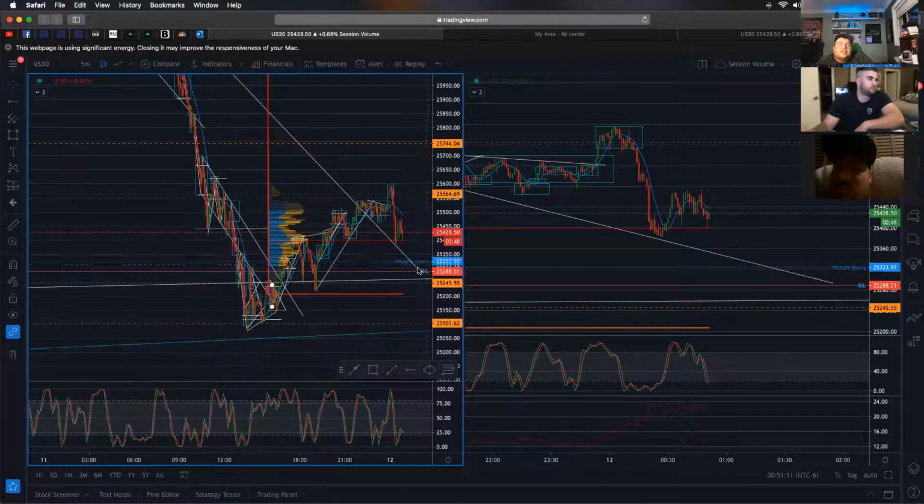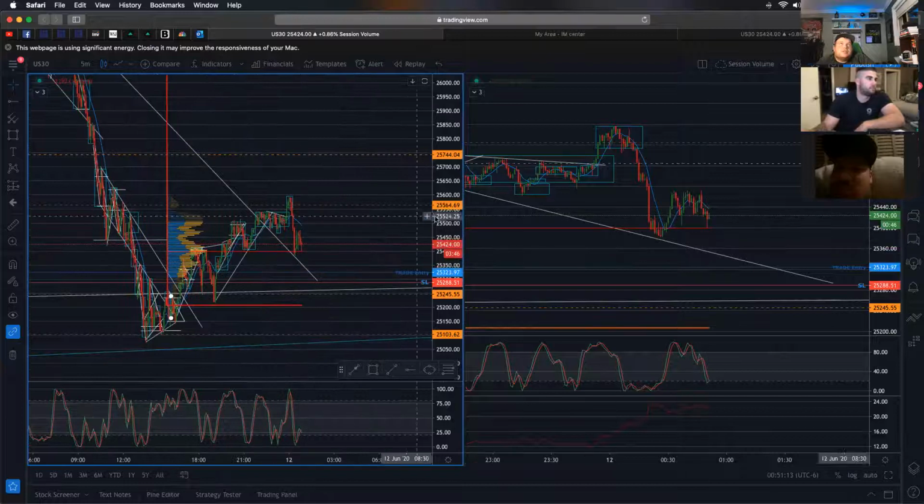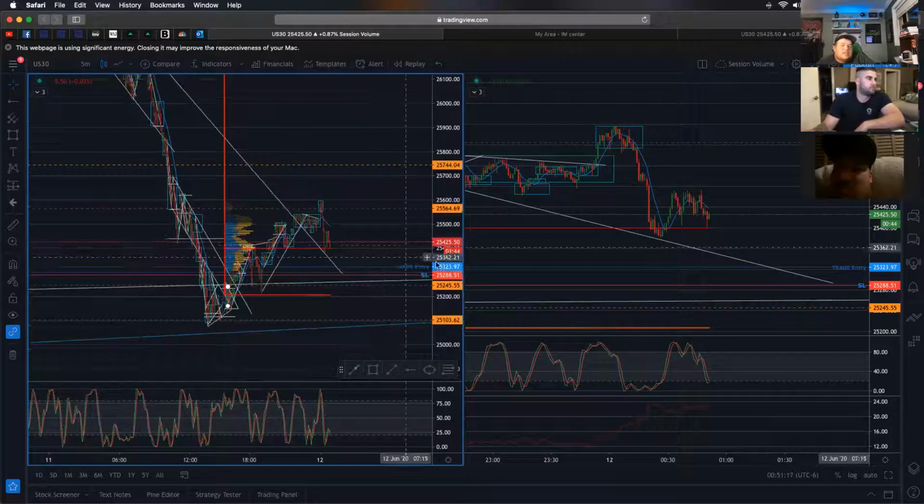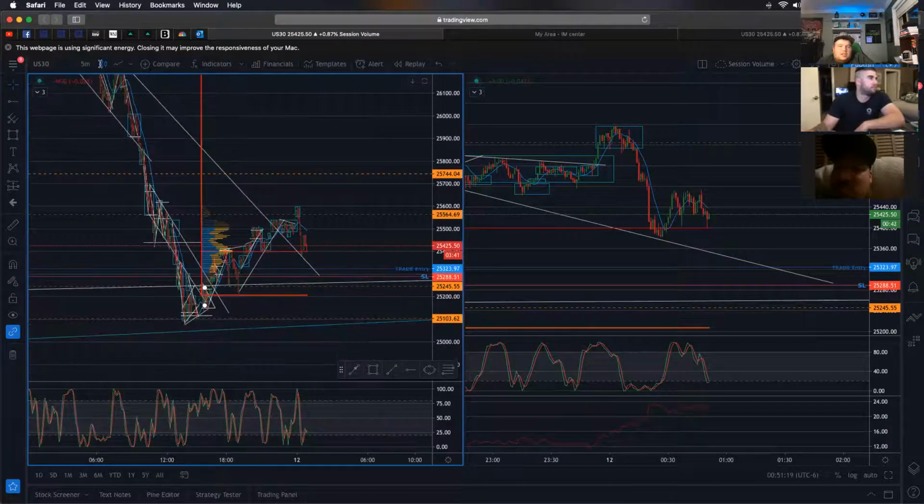It's pretty much stepping down pretty good right now. Making the steps. Stairs almost.